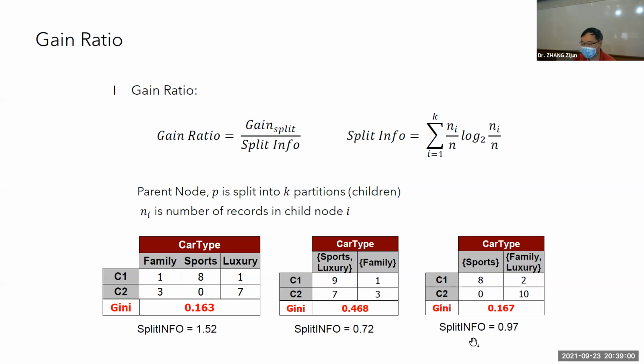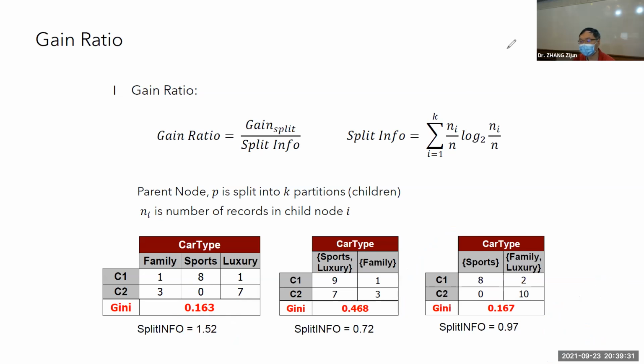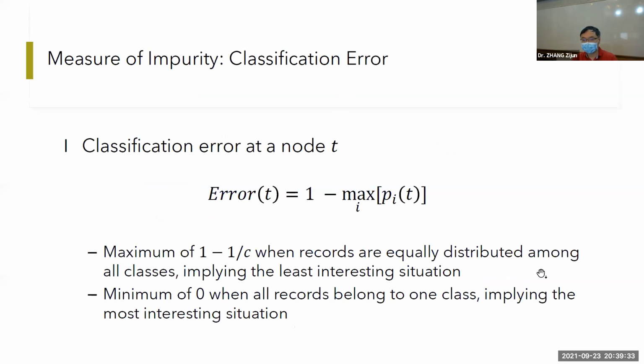But if we compute the split info, it is equal to 0.97. Then if we compute the gain ratio, we will find this strategy will be picked, because 0.167 over 0.97 will return a larger value than the other one.